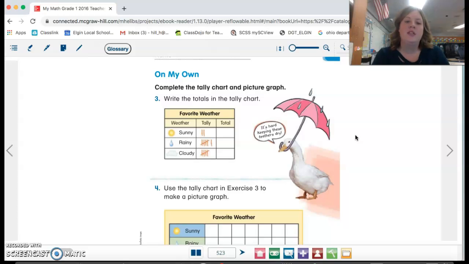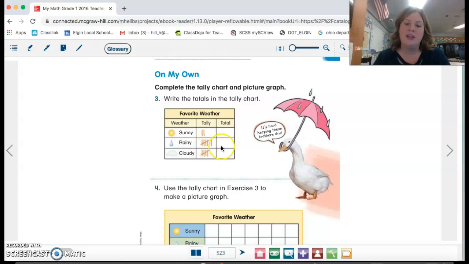All right. So it says on my own. So this part you're supposed to be doing on your own. It says write the totals in each tally chart. So you're going to count the sun, how many people like the sun, and you're going to write the number right here. I'm not going to do this part, okay? I'm just going to read it out loud for you, okay? And then rainy, you're going to count how many people like a rainy day.